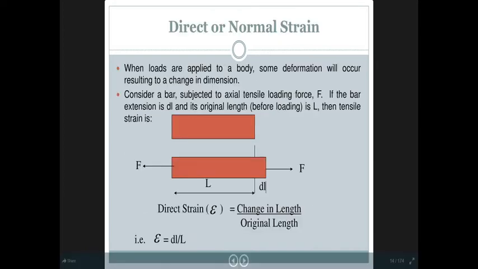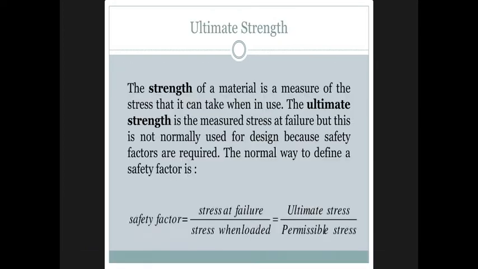Next we will see about the ultimate stress. The strength of a material is the measure of the stress that it can take when in use. The ultimate stress is the measured stress at failure, but this is not normally used for design because safety factors are required.